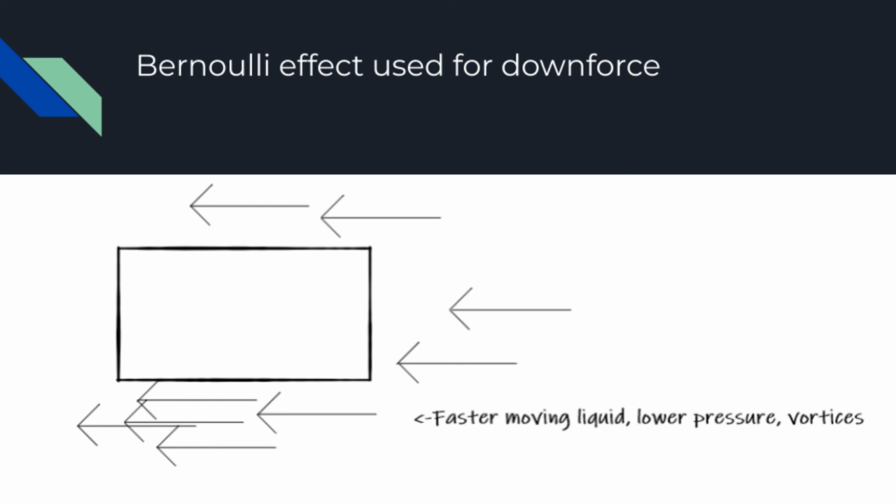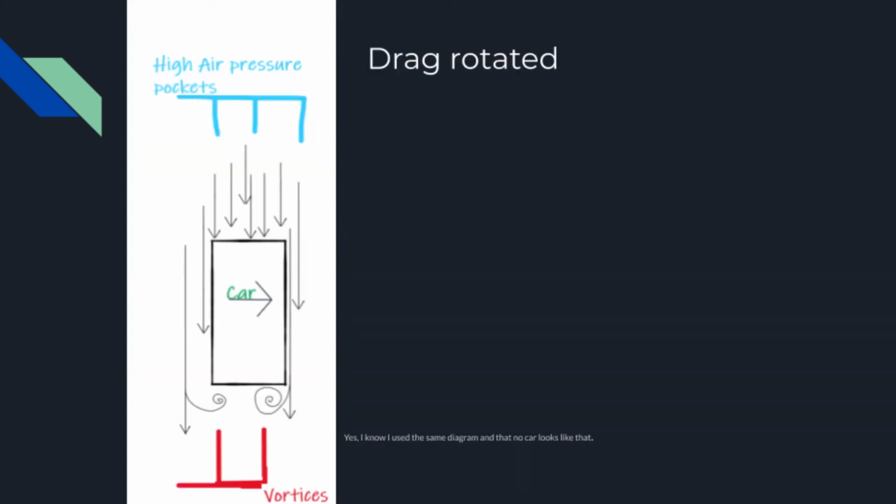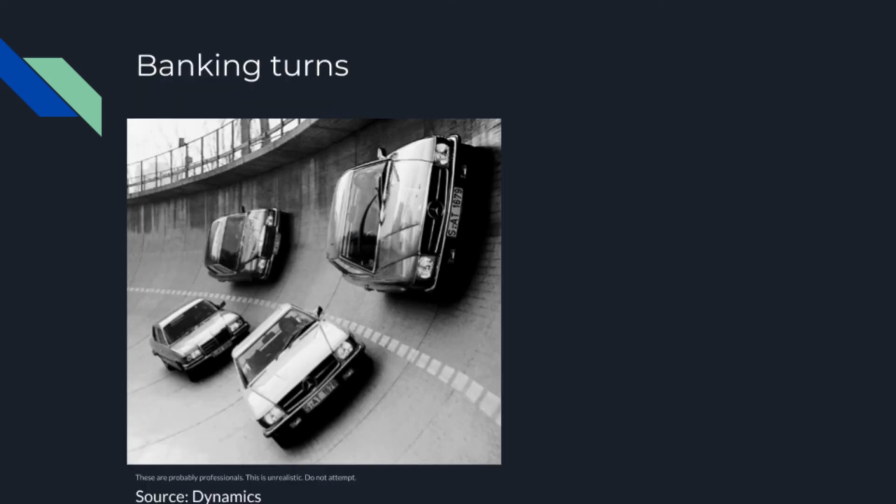This means that if we can make the air flow faster beneath the car than above, it will suck the car to the road, aka cause negative lift or downforce. Technically, we're just rotating drag counterclockwise to use it to our advantage. This way, you can go around turns faster without the car lifting off the road.